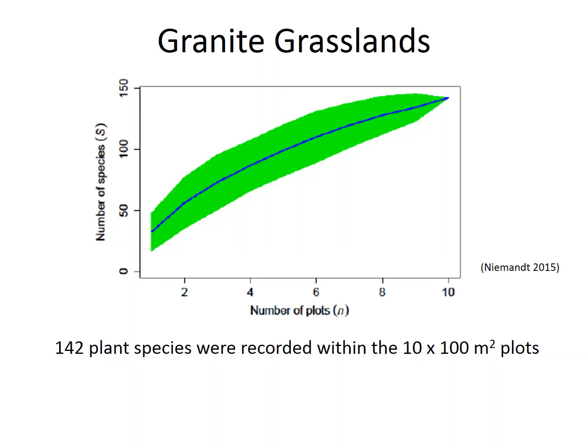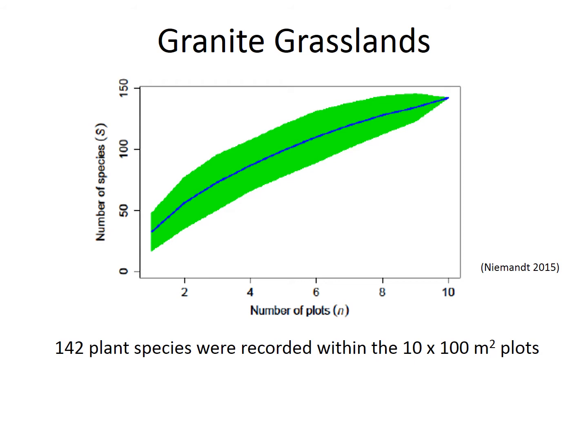We know from the plots which have been surveyed in those grasslands that at least 142 species occur in these grasslands. We know that because that's the number that were actually observed. However, we also remember that sampling was incomplete. Therefore, there's a good chance that we haven't recorded all of the species.